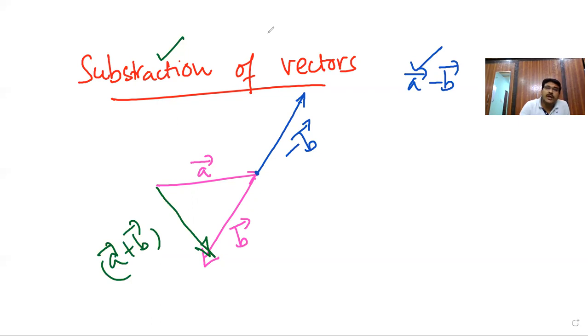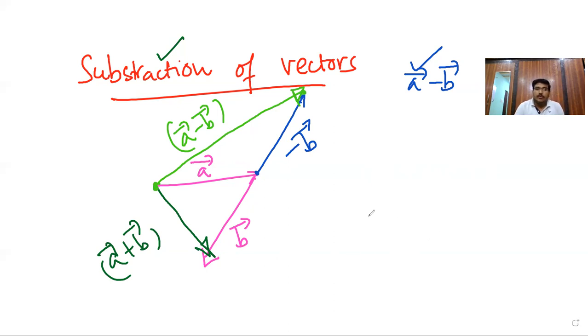So if I want to add A bar minus B bar, this will be the resultant A bar minus B bar. This is again a triangle. A bar minus B bar, I have changed the direction. So the resultant is initial point to the final point, A bar minus B bar.